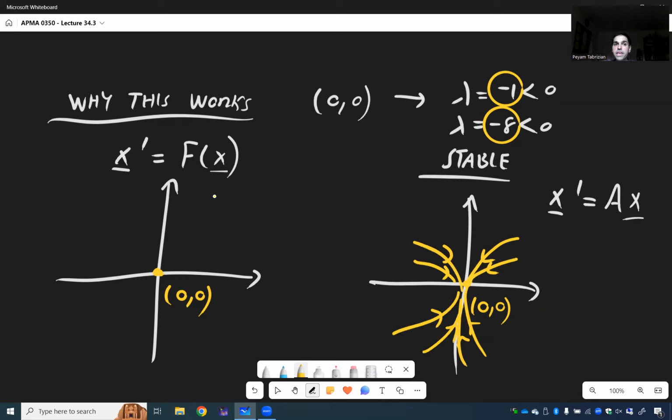But now, because x prime equals f(x) is similar to x prime equals Ax, it actually tells you that the solutions also behave the same way. So if for the right-hand side, solutions get sucked into the origin, for the left-hand side, solutions also get sucked into the origin. And that's why it's still true that (0, 0) is stable.